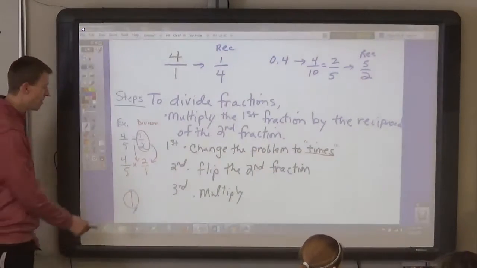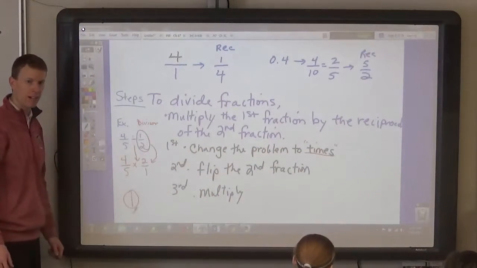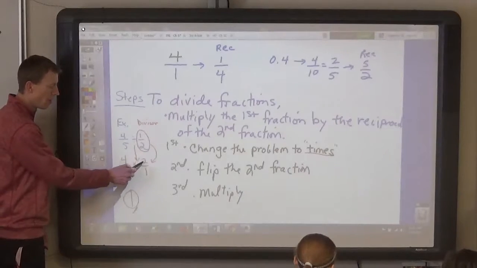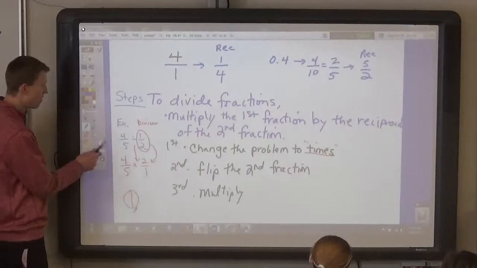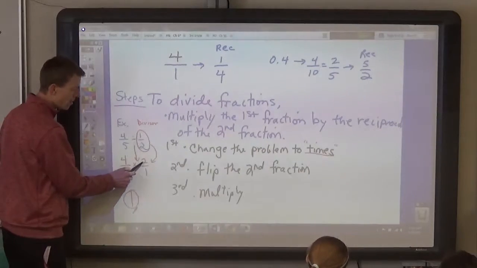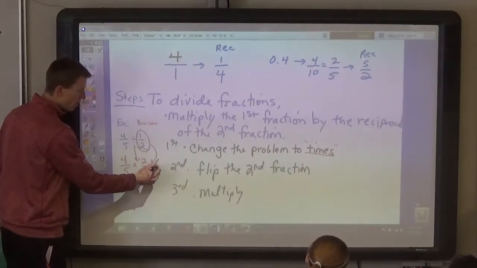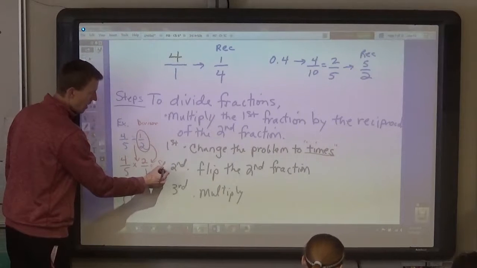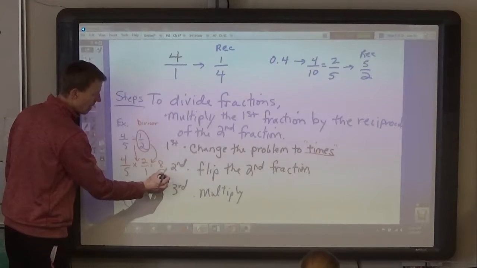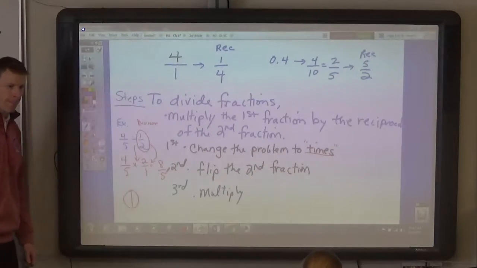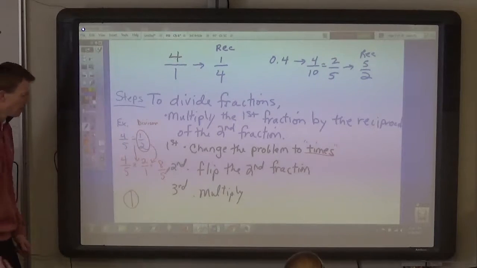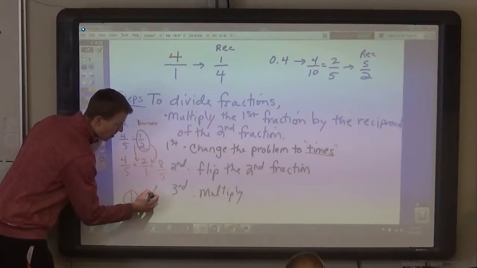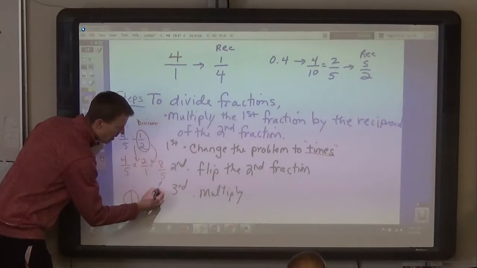To find the pieces, you multiply by 2, right? Which is what you're doing when you multiply by 2 over 1. So the answer is 4/5 times 2 over 1, which is 8 over 5. And then as a mixed number, it is 1 and 3/5.